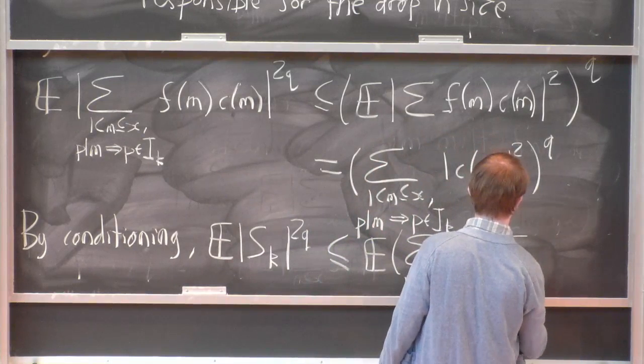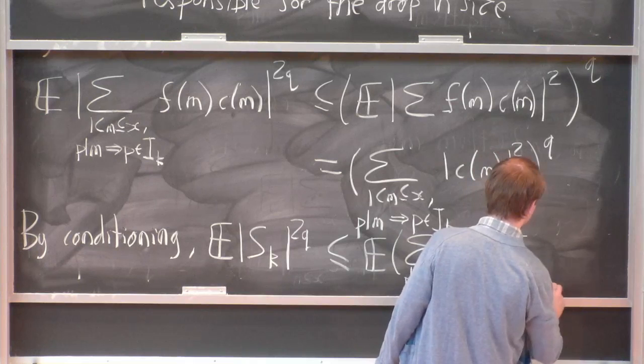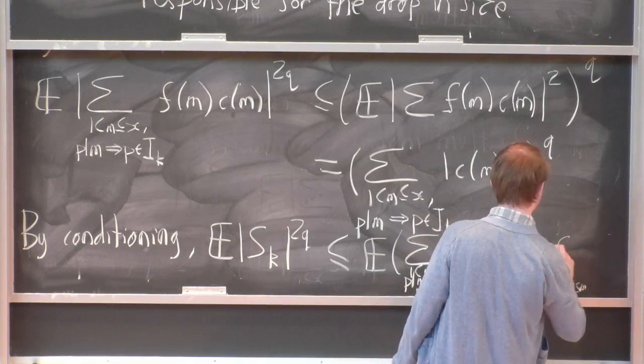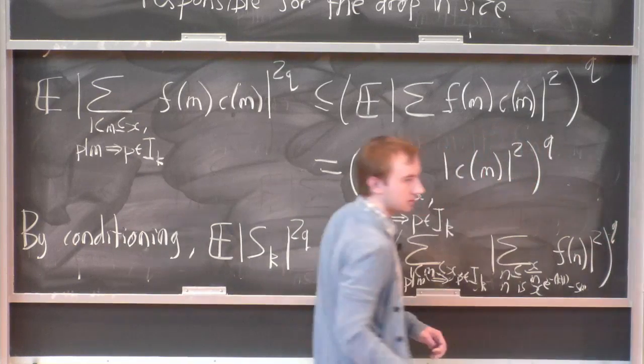So the sum over n less than x over m, n is appropriately smooth, f of n squared to the q.